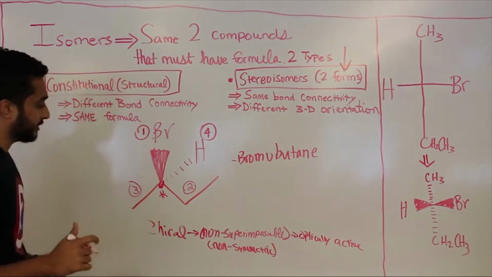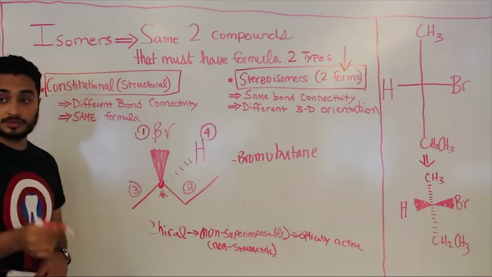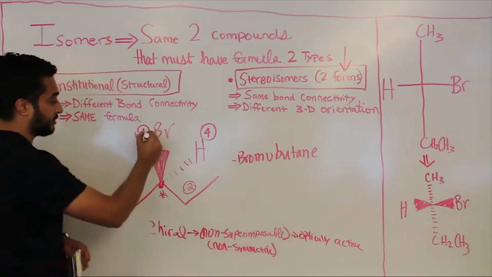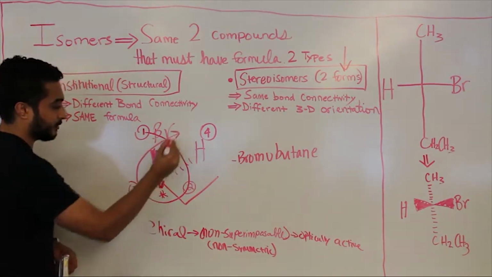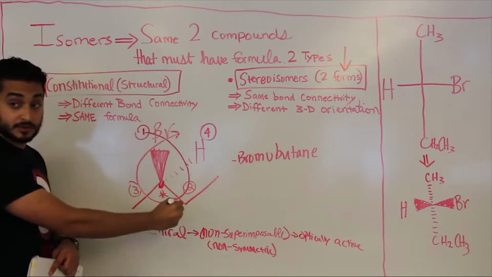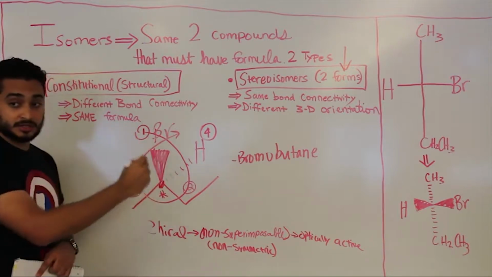What we do is you look at the structure and you go in order from 1 to 2 and you make a circle, okay? So 1, 2, 3, and then 4. So you have to go this way to get to 2 first, right? And then you look at which direction it's going.